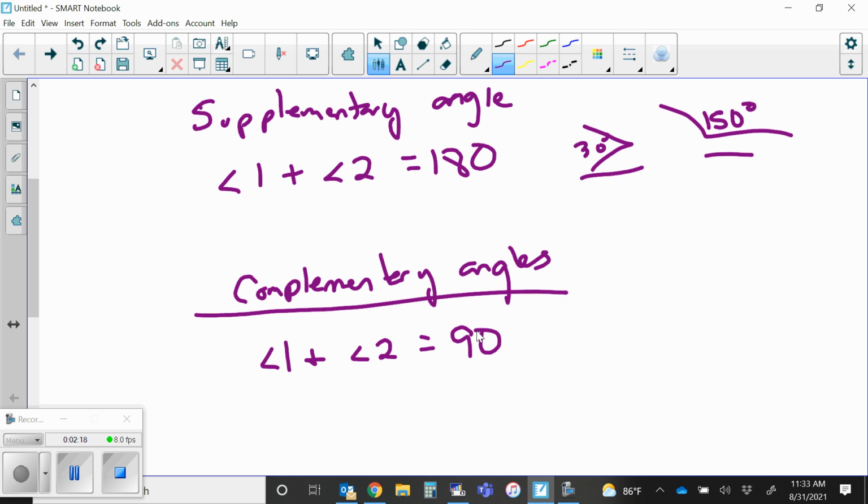Because kids constantly get them mixed up whether they're complementary or supplementary because the words sound similar. So C comes before S and 90 comes before 180. So it'd be like if this angle over here was 40 and this angle was 50, we would call them complements because they have to be 90 degrees.